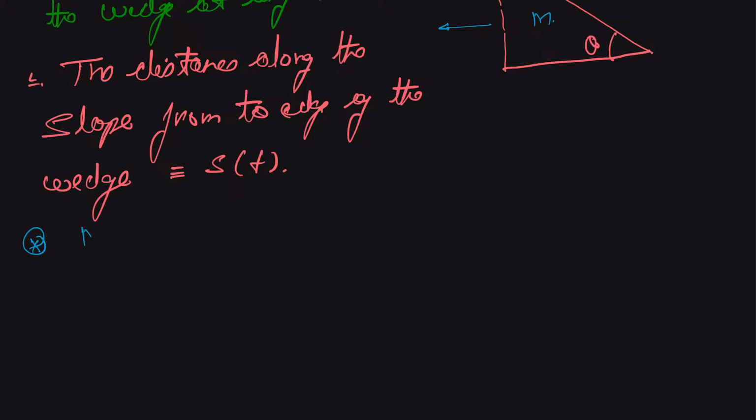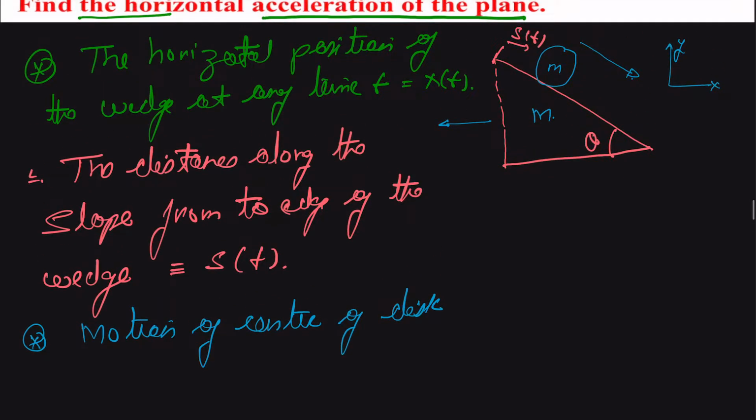Because the disk is going to move along the inclined plane and also the wedge is going to move towards our left side, the disk is going to have two types of motion associated with it.